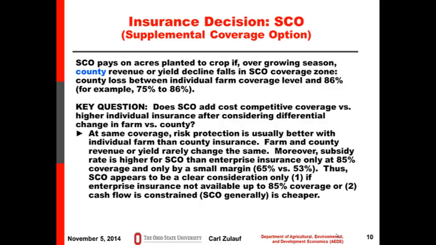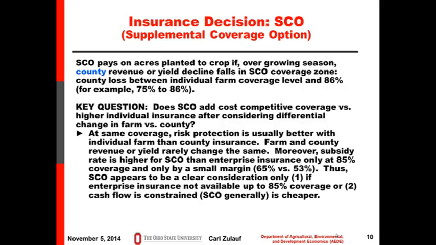Any loss between 50 and 86% at the county level would be handled by SCO. When thinking about SCO, I think the question is not, do I like SCO, but does SCO add cost competitive coverage versus higher individual insurance after considering the differential change in the farm and the county?